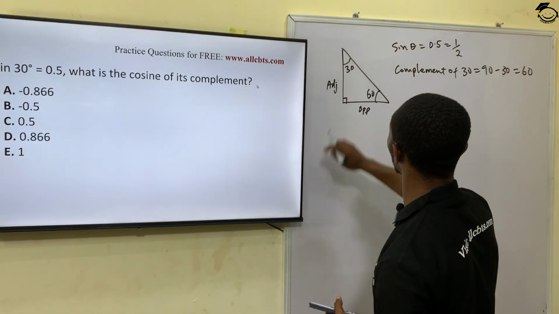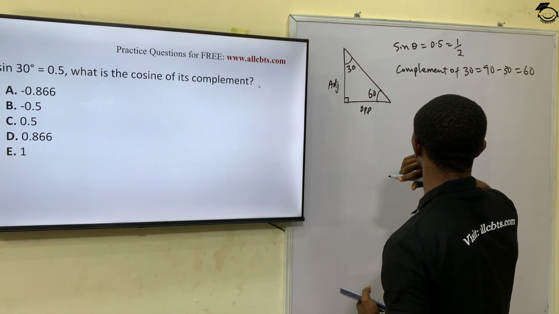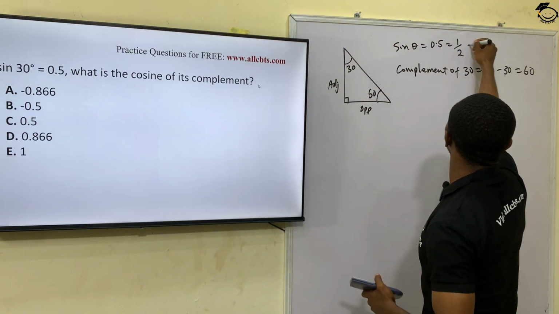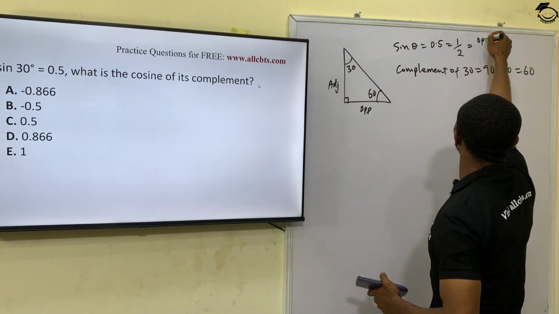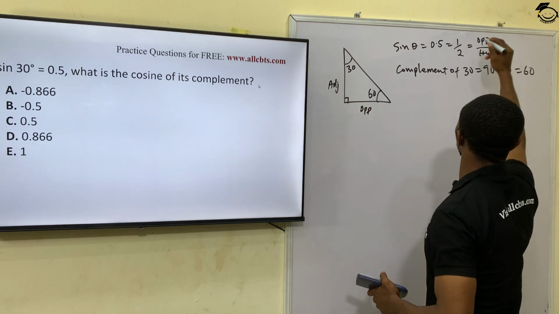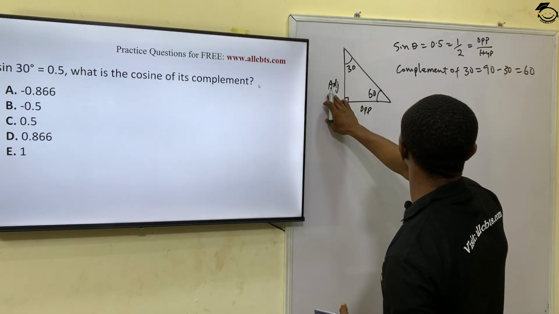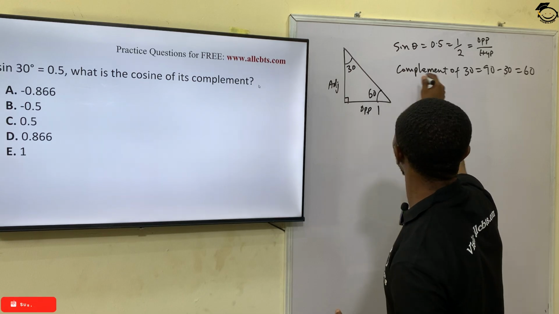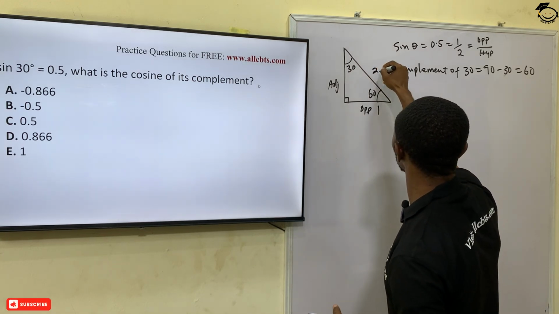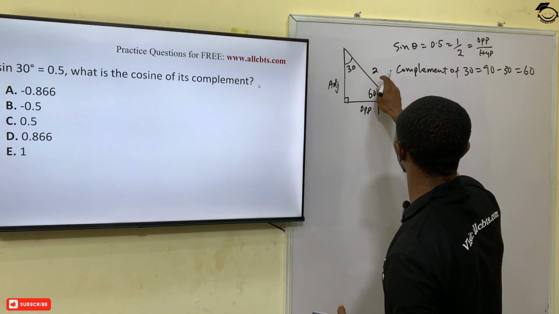So this would be 60 degrees. Sine 30 is opposite over hypotenuse, so bearing in mind that our opposite is 1 and our hypotenuse is 2.